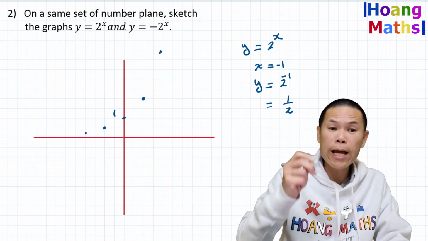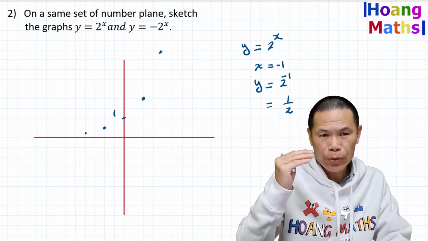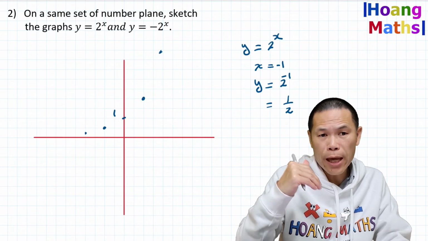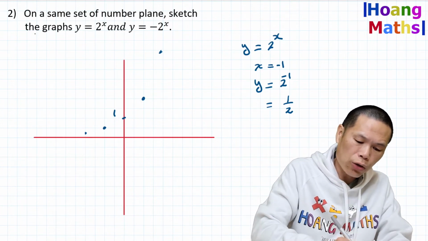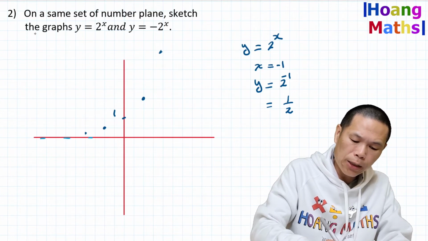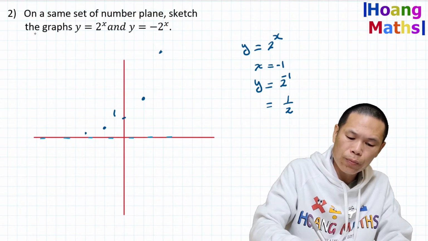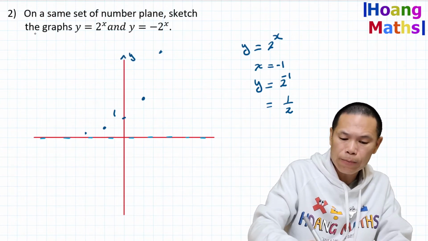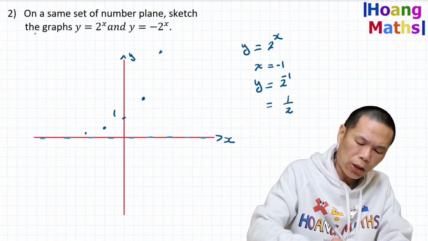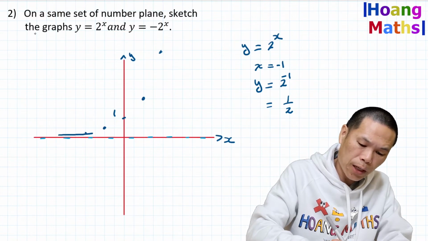And we know that when x approaches a large negative number, the graph is approaching the x-axis. So that is the asymptote, the horizontal asymptote, if you like. Let me just label, this is the y-axis, this is the x-axis. So I can just quickly sketch it like this.